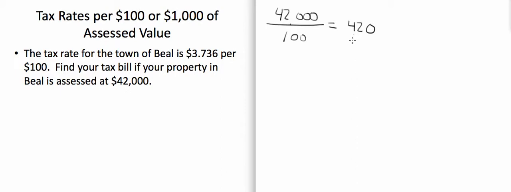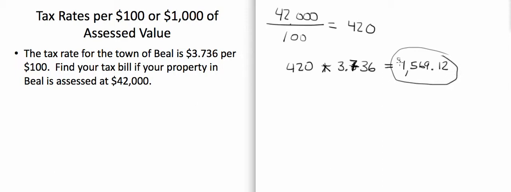Okay, so that's the number of units that we have there, 420. And so what we're going to do with that 420 is multiply 420 by 3.736, and when we get that, we get an answer of $1,569.12. Okay, so your tax bill on your property would be this amount right here.